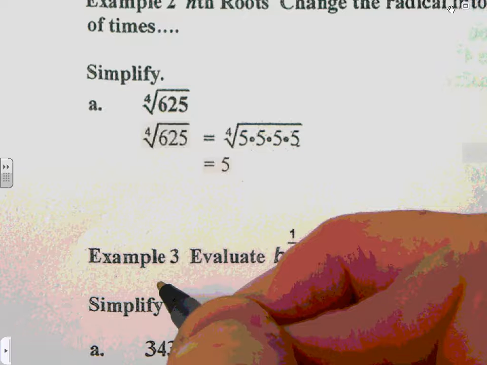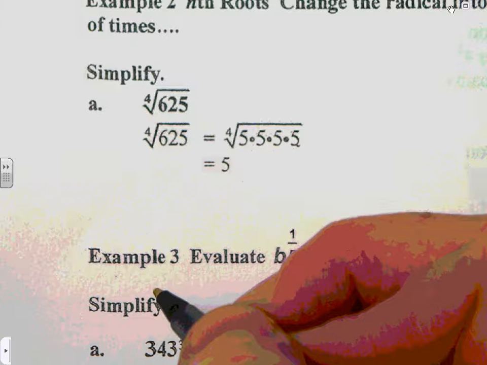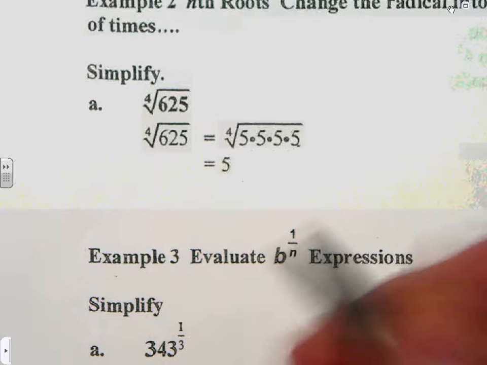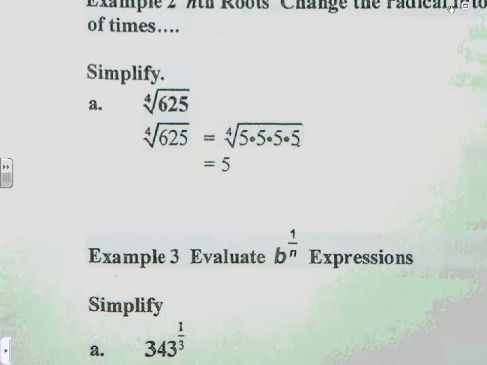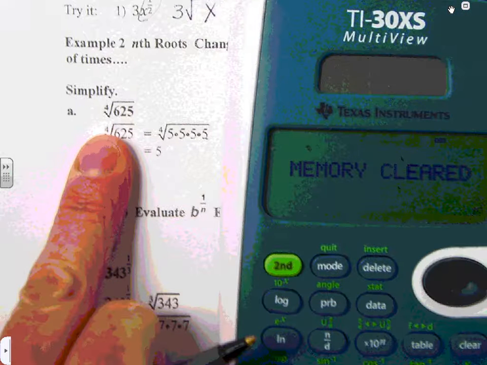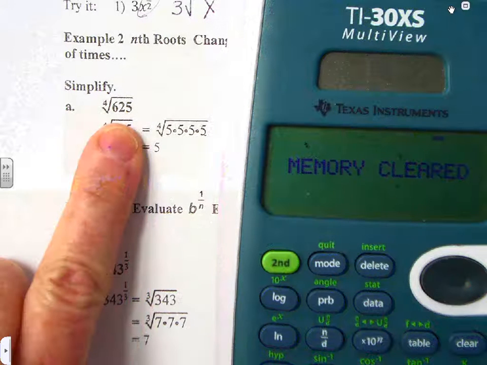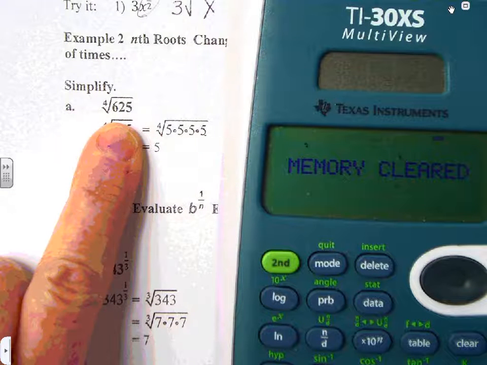Yes, I know some of your calculators can do this, and I'm not going to show you how to do it in your calculator because I really don't want you to. But I don't mind if you guess and check your way through your calculator, meaning I know that 625 is a big number, so I'm looking for a number to the 4th power that would give me 625.